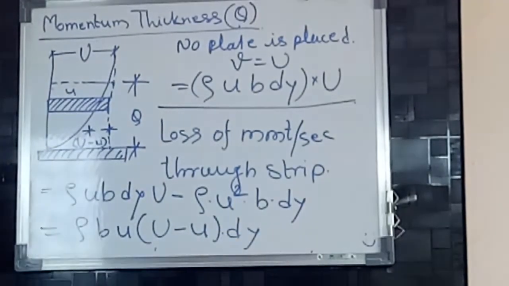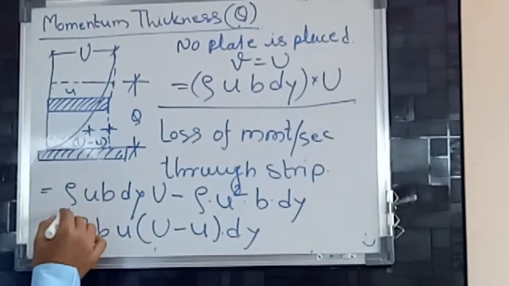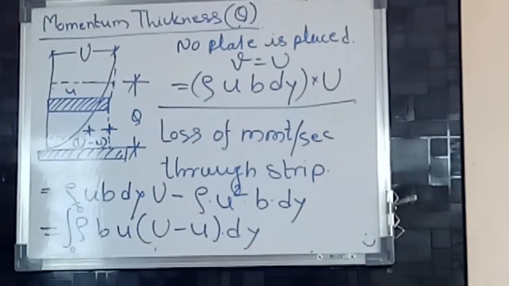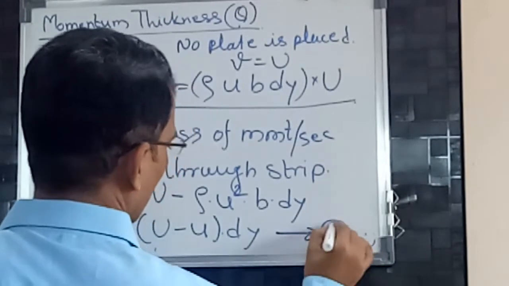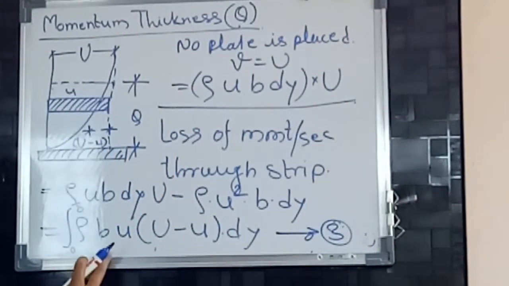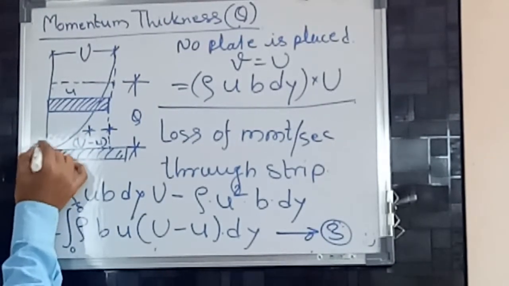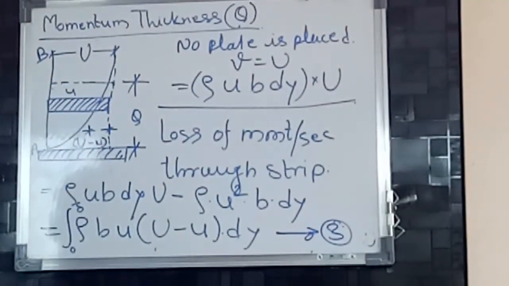This is your total loss of momentum, integrated from 0 to delta. This is the third equation. This is your total loss of momentum per second through this portion. For example, here it is A, here it is B. A to B, this is your total loss of momentum.